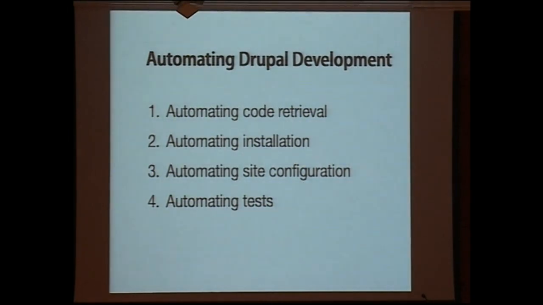This is mostly about features, and it will not be a fully fledged introduction to features, but you have plenty of stuff on our website about features and best techniques for using features. And the last part will be about automating testing of everything.